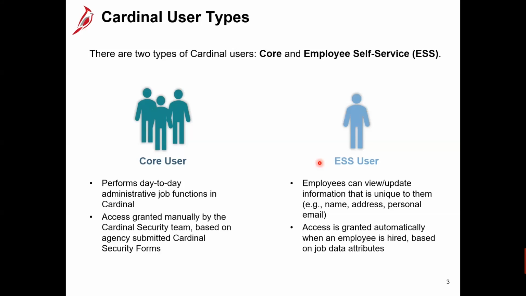Additionally, that information about ESS access is typically shared by the HR administrator or a designee at the individual agency to help assist those users gain access into the system. I'm now going to hand over this presentation to Karen Hines, one of our security team leads, who's going to take this into more detail.